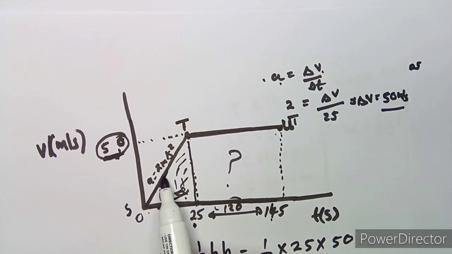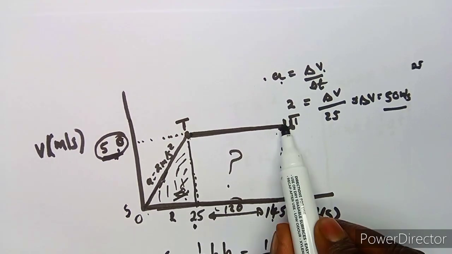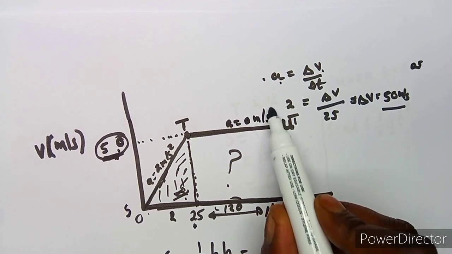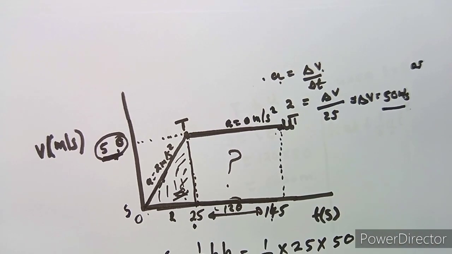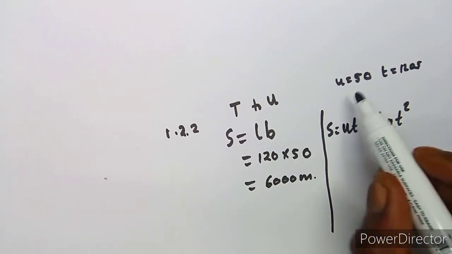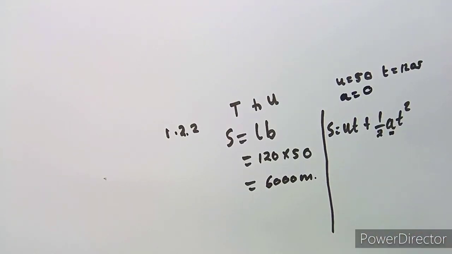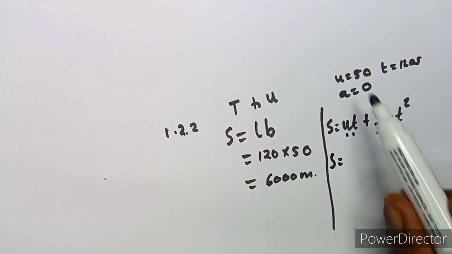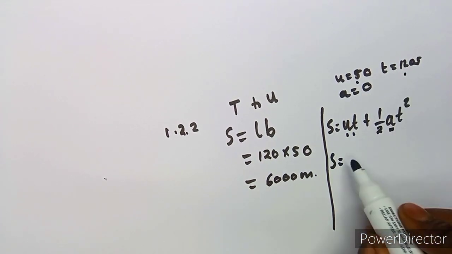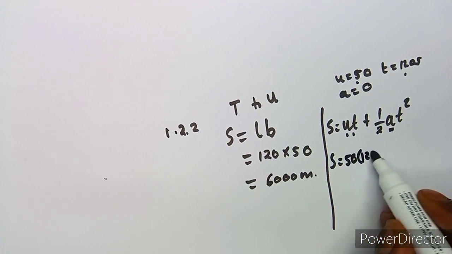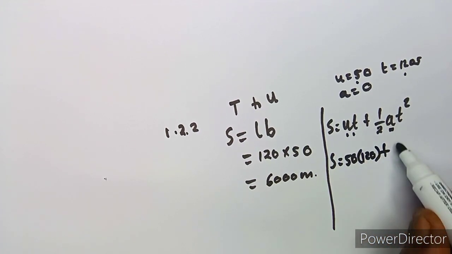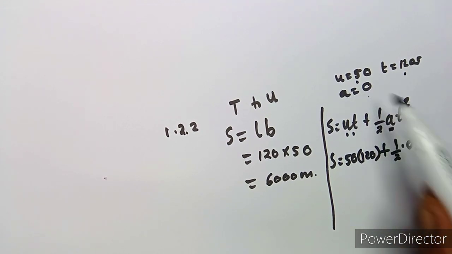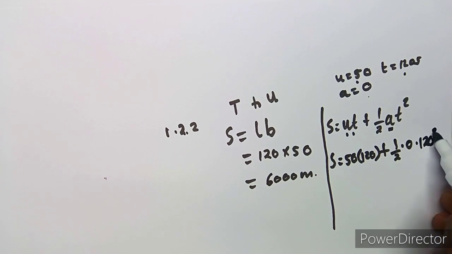It's no longer 2, because we are talking of t to u, and whenever you have constant velocity like this, your acceleration is equal to 0. So using this formula, our s is going to be ut, which is u times t, that is 50 times 120, plus half at squared, which is half times a, which is 0 in this case, times t squared, which is 120 squared.